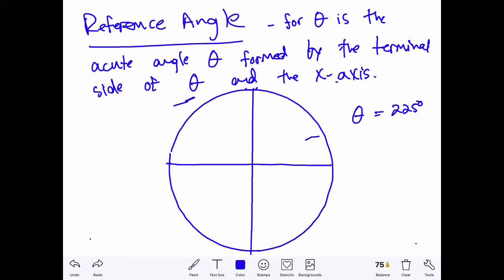Well, 225 degrees, I'd start by drawing my initial side here. And then I'm going to, of course, rotate 225 degrees. 90, 180, and 45 more from there. And then again, this is your terminal side.